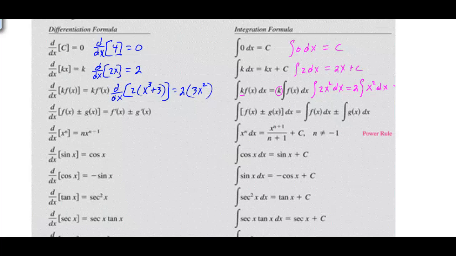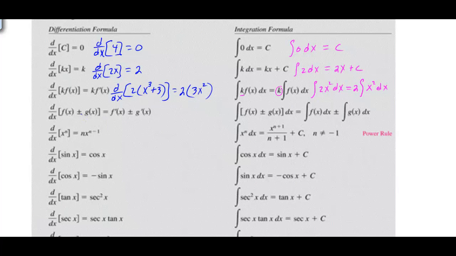And then from here we could integrate that further, and if we did that, you would increase your exponent by 1. But here I just want you to see the formula, what this means. If you have the integral of a constant times the function dx, then that constant multiplier can be pulled out in front of your integral.